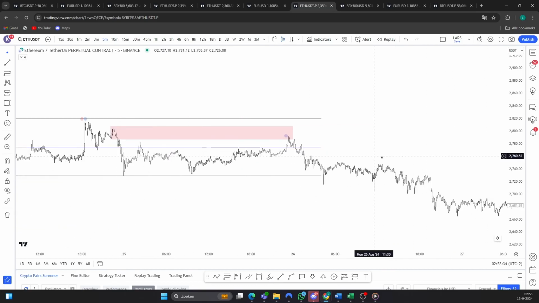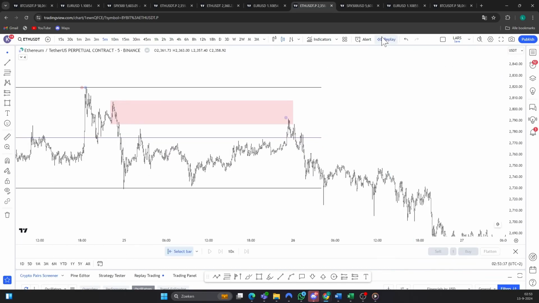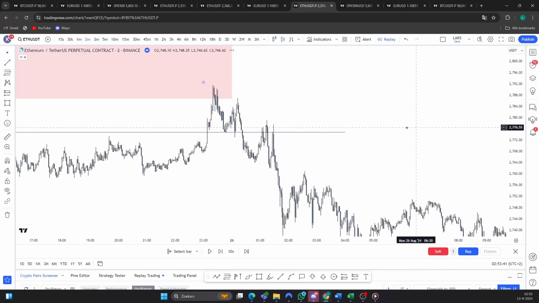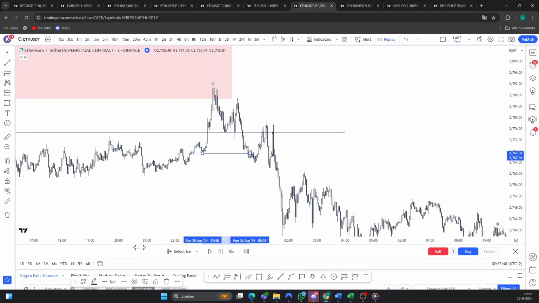There we go. Let's see where we can get that structure confirmation. There you go. Right here on the 2 minute, 2 to 1 minute, we get that structure confirmation.